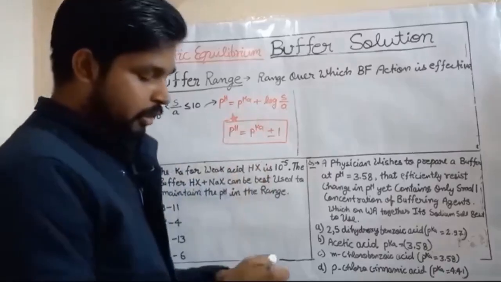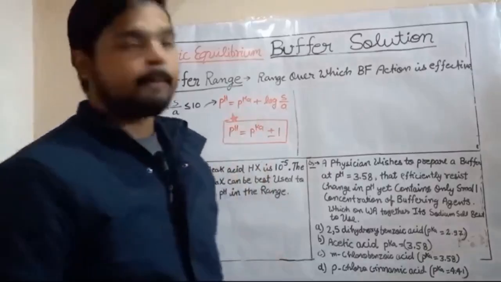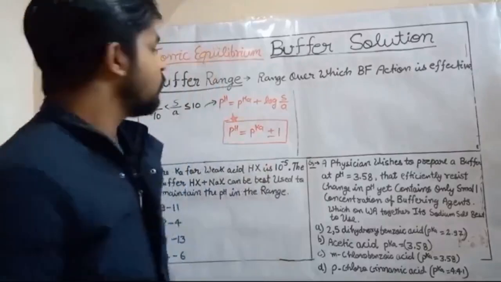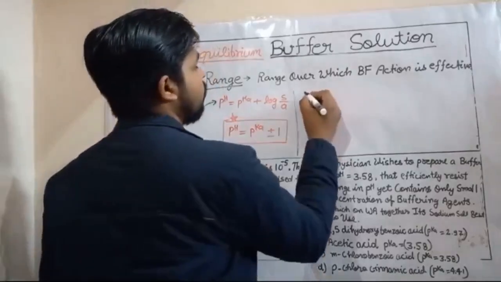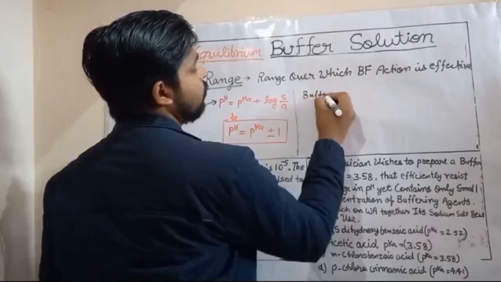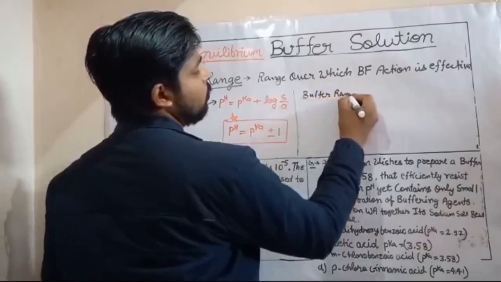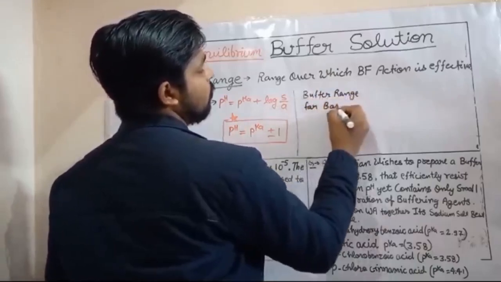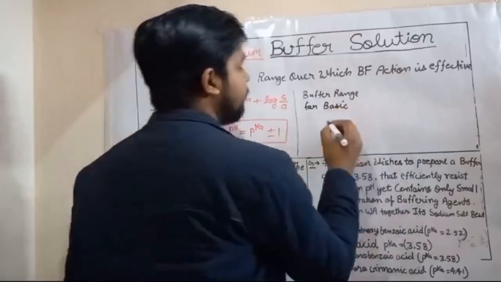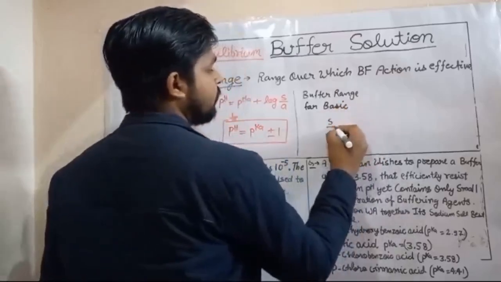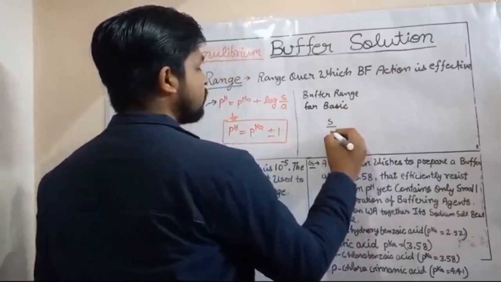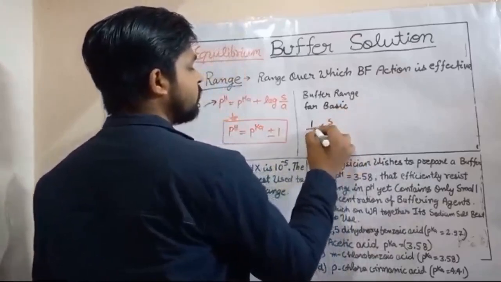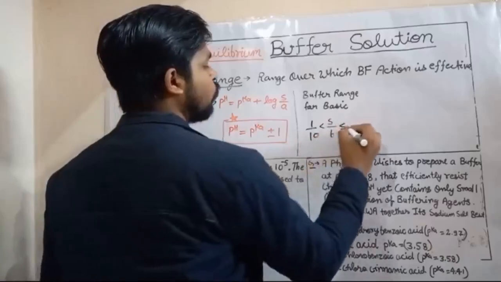Okay student, now we calculate the buffer range for a basic buffer. Buffer range for basic buffer. It is also salt by base concentration, it lies between 1 by 10 to 10.